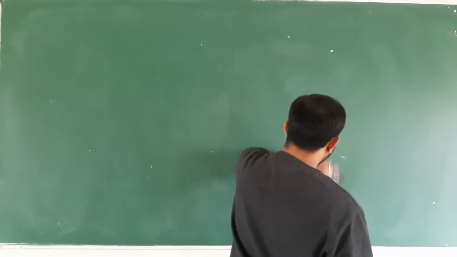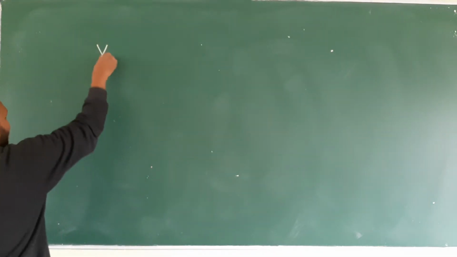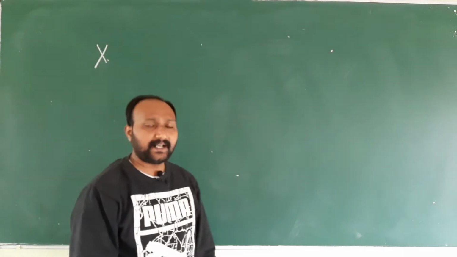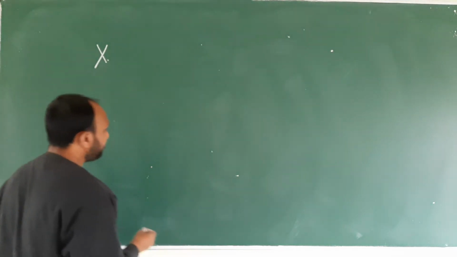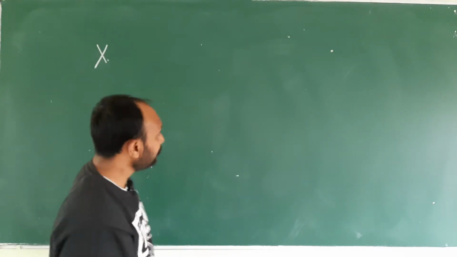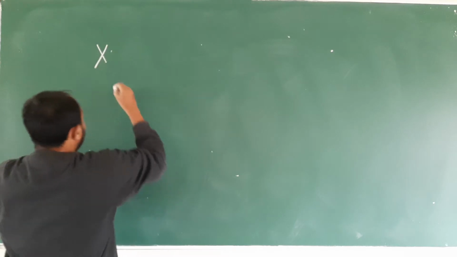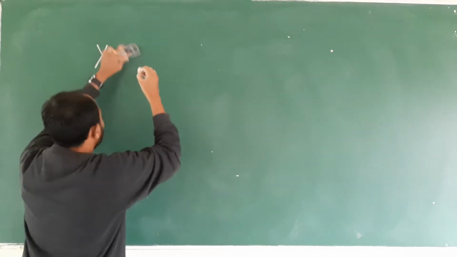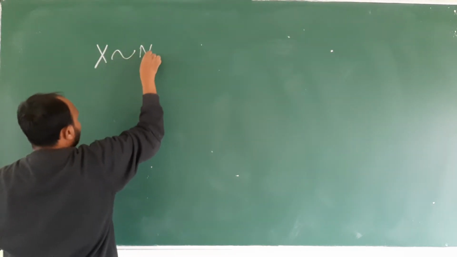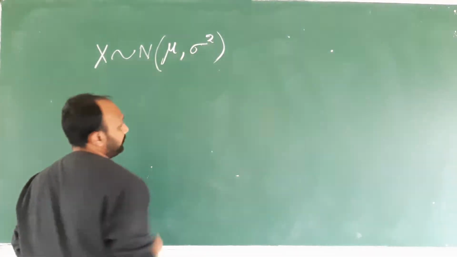Already we know that x is a variate. This variate will be referred to as a normal variate with parameters mu and sigma. It will be denoted as X is a normal variate with mu and sigma square.